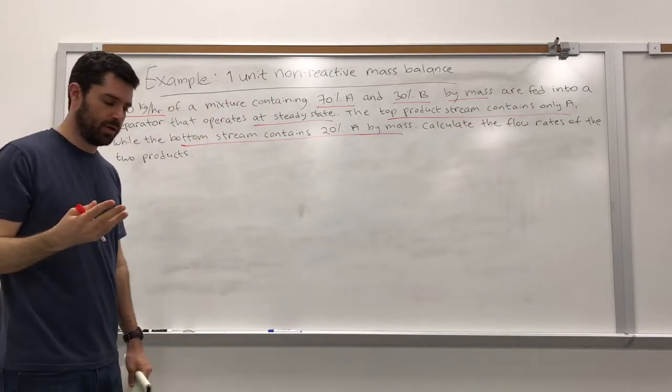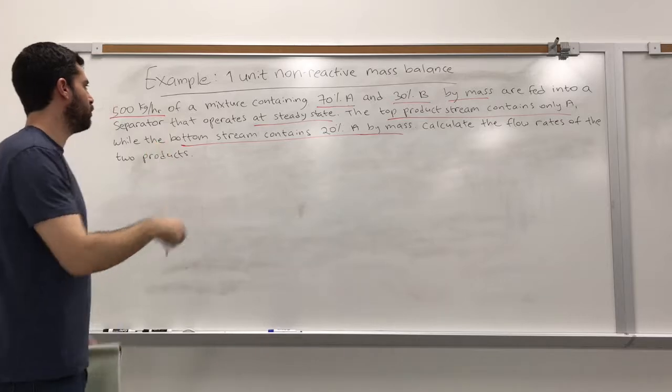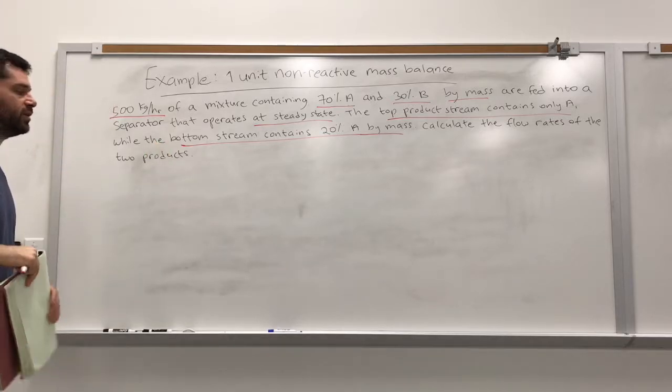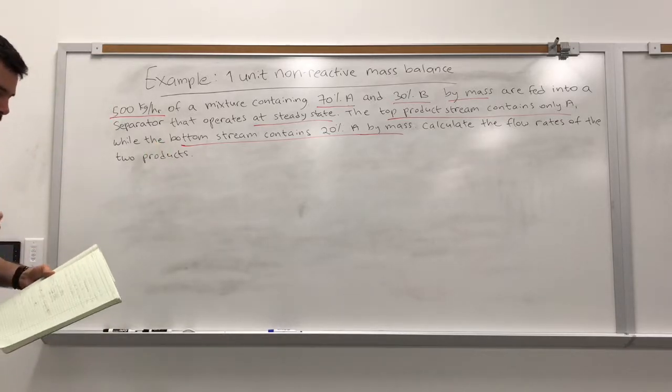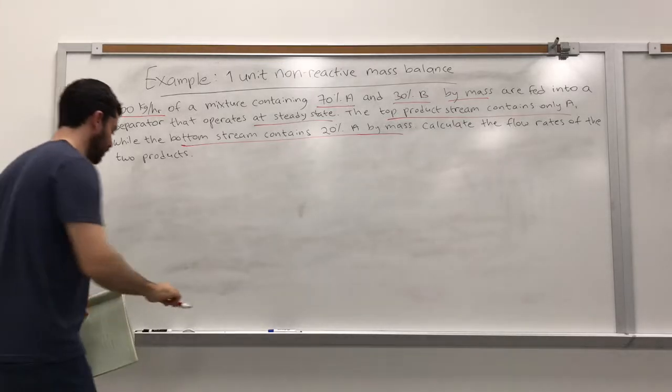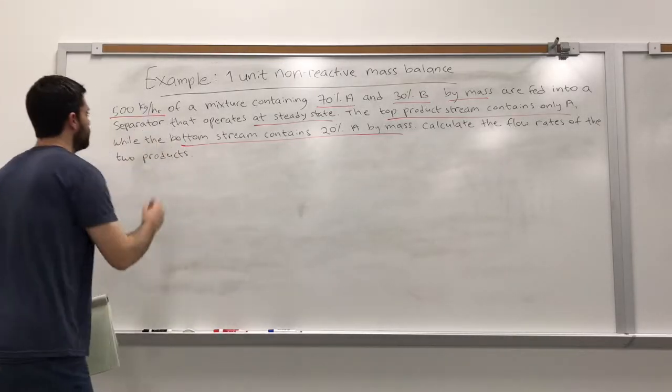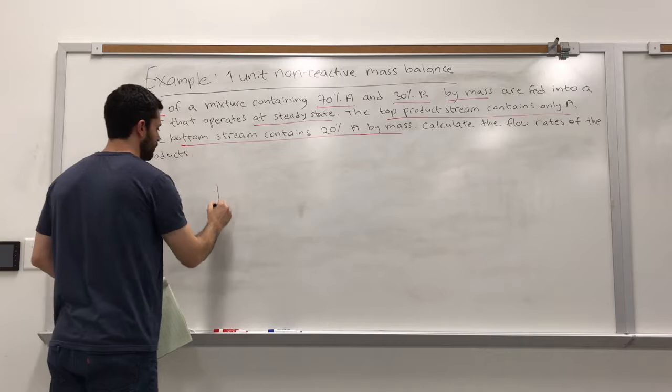So now we've gone through, we've read, we've marked a little bit of the details. The next thing to do is to draw a diagram of the process. So we've got some separator.